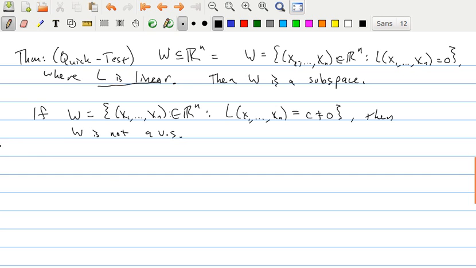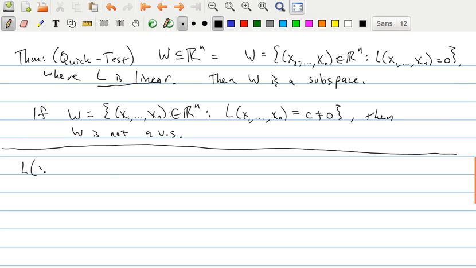So we've seen the idea of linear functions before, but we haven't really given a precise definition. So here we say that L of x and y is linear if L of x and y equals some constant multiple of x plus a constant multiple of y.